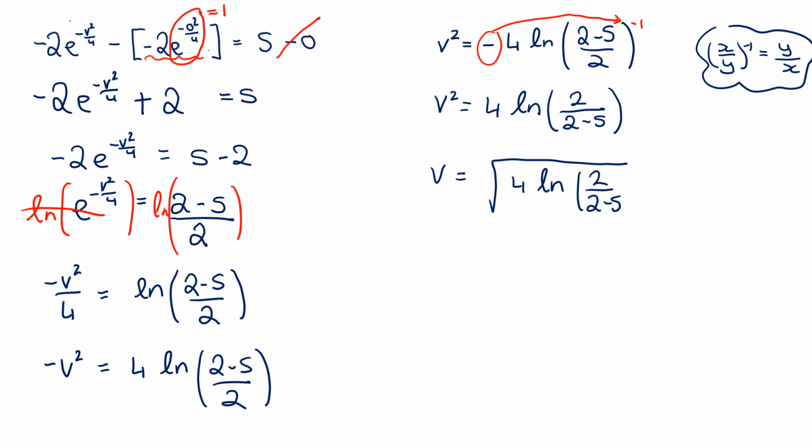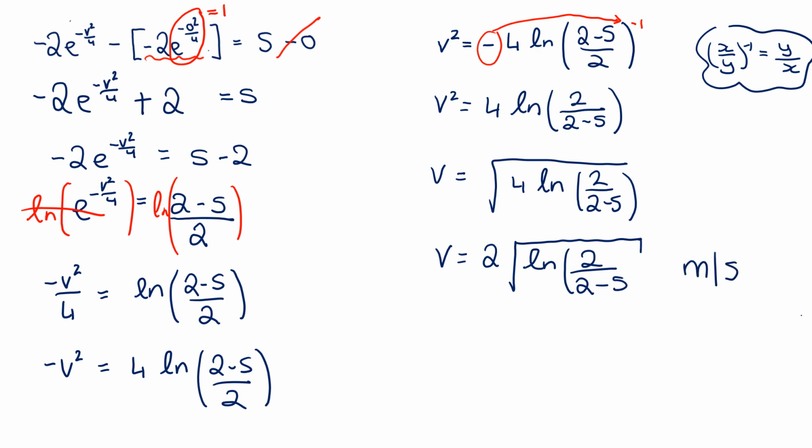And I can pull that 4 out in front because the square root of 4 is 2. We can do that because it's multiplying. And we get 2 square root of natural log of 2 over 2 minus s. And that's velocity, so it's meters per second.